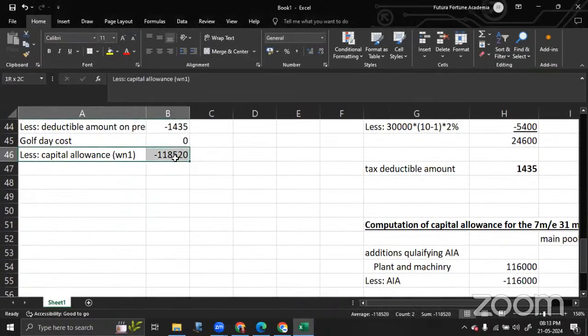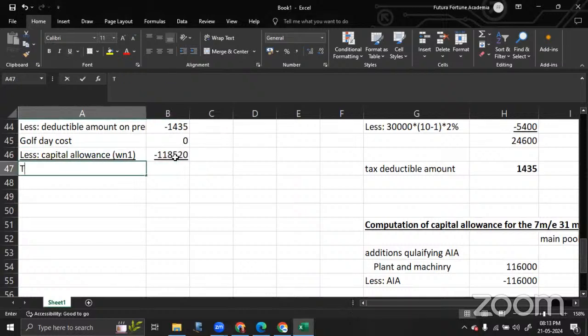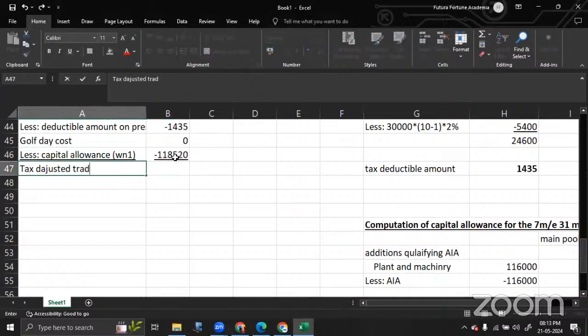And finally, you will get your tax adjusted trade profit.